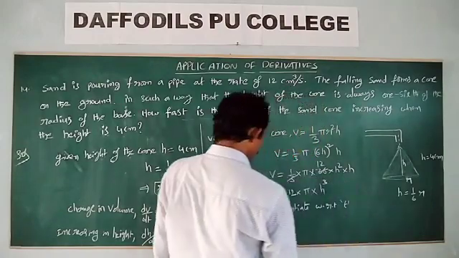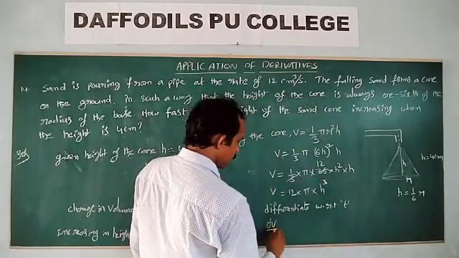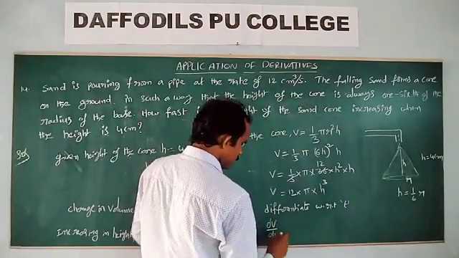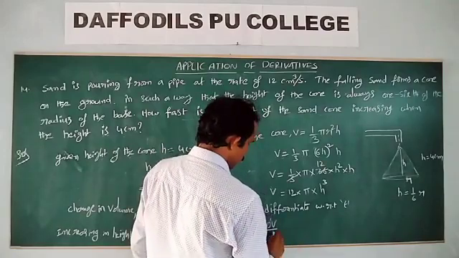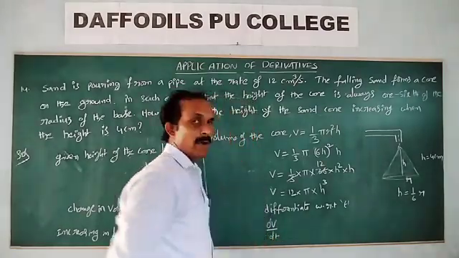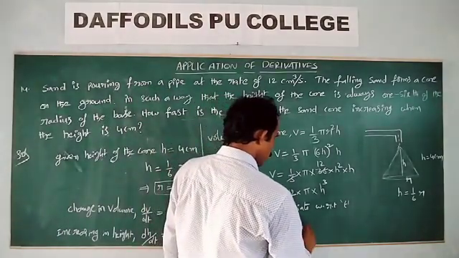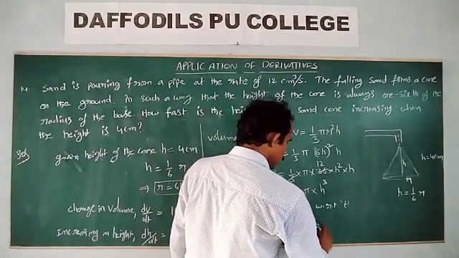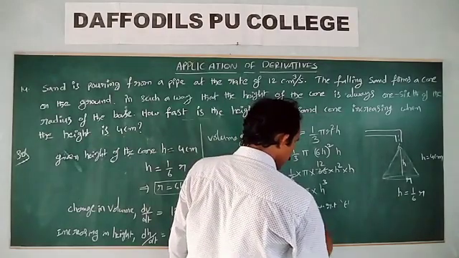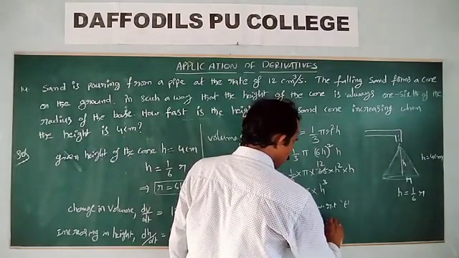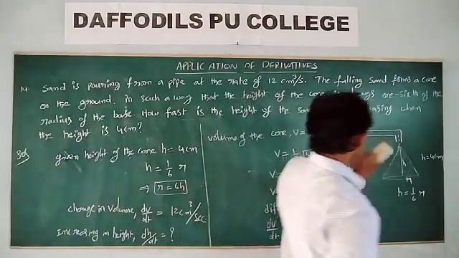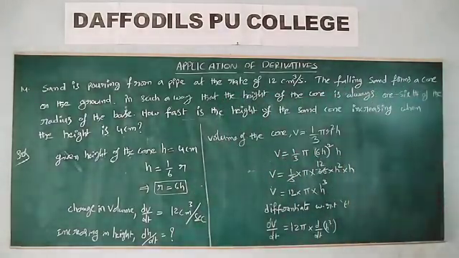Therefore dV by dt is equal to 12 pi d by dt of h cube.